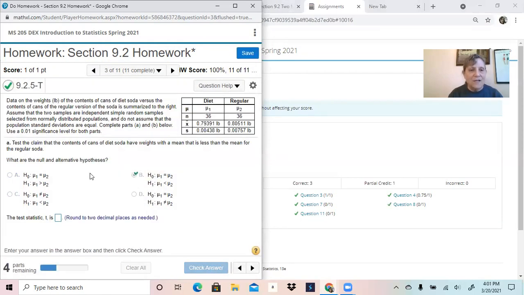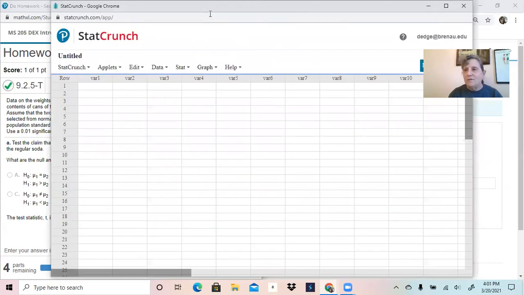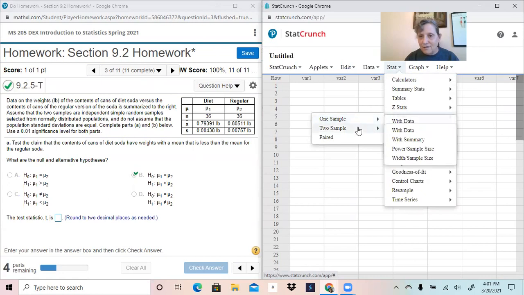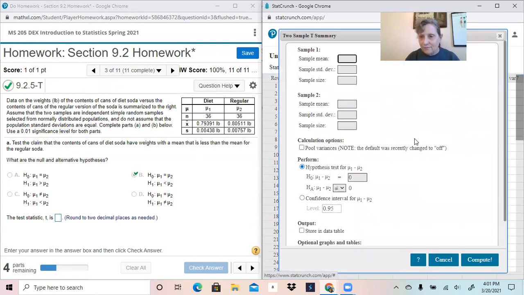Nice. Now to do this in StatCrunch, I'm going to slide it over here to the side. I want to go to T stats, this is going to be two samples with summary.